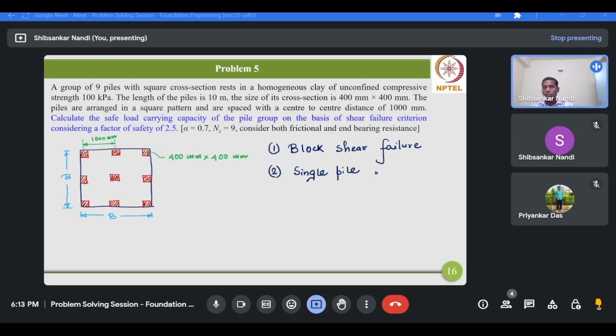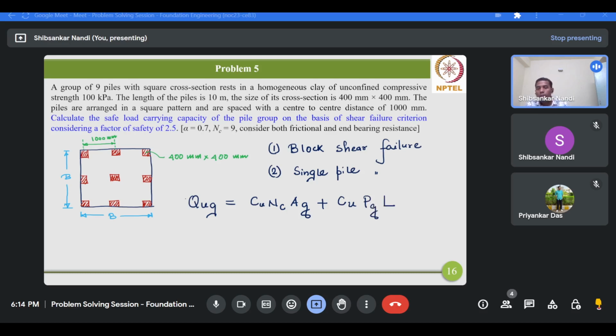Now, what is this block shear failure? For block shear failure, this pile group is basically failing as a block. So in that case, you will have the ultimate load carrying capacity of the group as Cu Nc times the cross sectional area of the group, plus Cu times the perimeter of the group times the length.